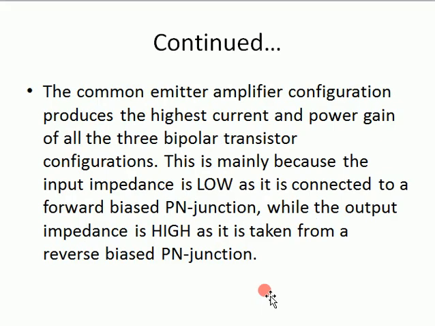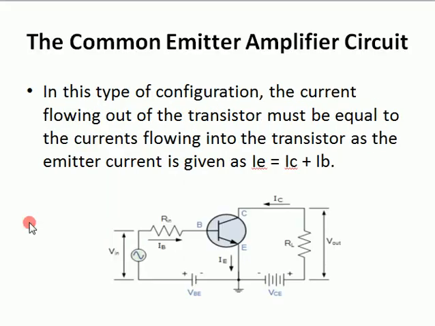So basically this is the common emitter amplifier circuit, and in this type of configuration the current flowing out of the transistor must be equal to the currents flowing into the transistor as the emitter current, because we know that IE is equal to IC plus IB.